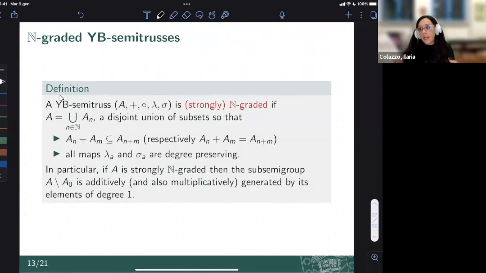So if we can divide our semitruss as a disjoint union of subsets, and they satisfy the relation such that a_n plus a_m is just equal to a_(n+m), and all the lambda and sigma maps are degree preserving, then in this case we have the definition of a strongly n-graded YB semitruss.